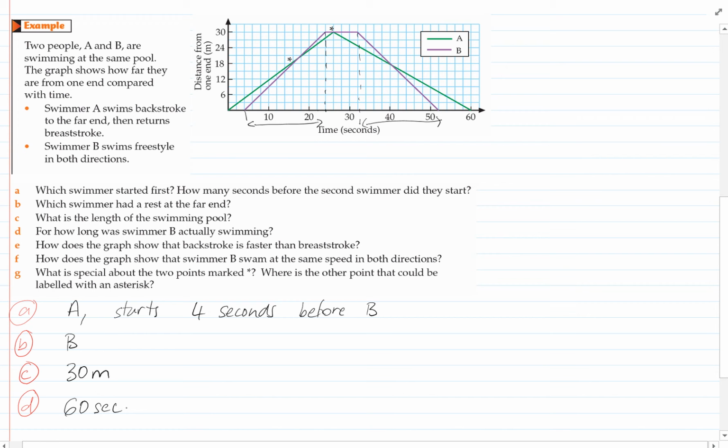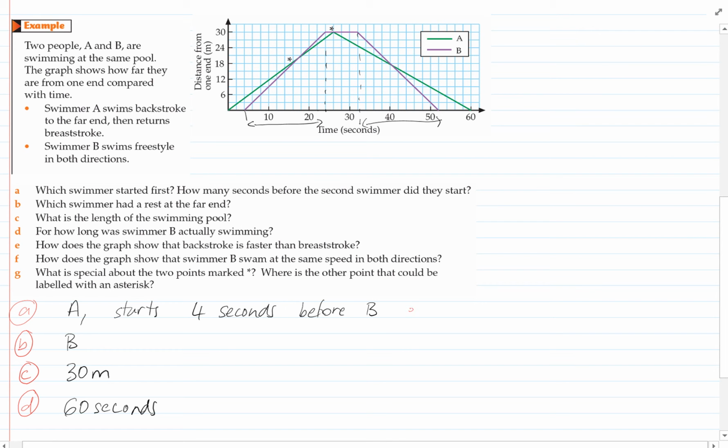So 60 seconds. Okay, question E, how does the graph show that the backstroke is faster than the breaststroke? So if we look at swimmer A, the first slope is steeper than the second slope, and they started with backstroke. And so when you've got a steeper slope, that means it's faster.